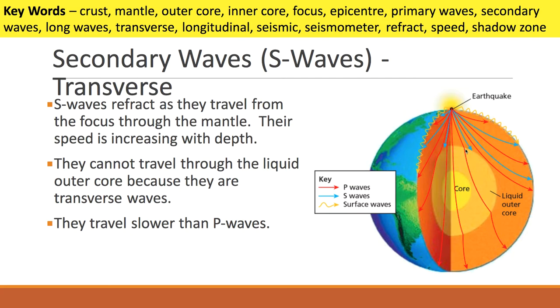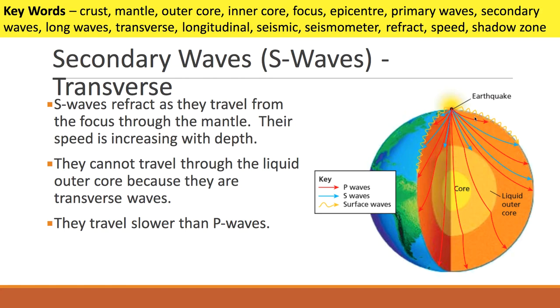So by looking at the way the wave behaves, we know where the epicenter of the earthquake is, and we know where we detect the P waves on the other side of the Earth. We can work out how the wave has behaved as it's gone through the Earth, looking at these various positions of the P waves as they are detected on the surface, knowing where the epicenter was.